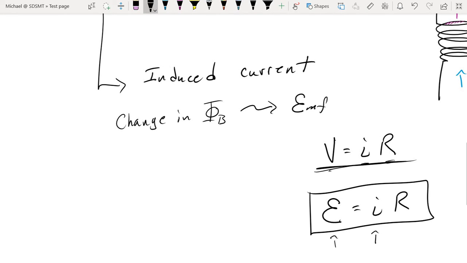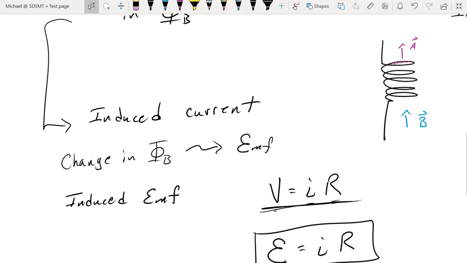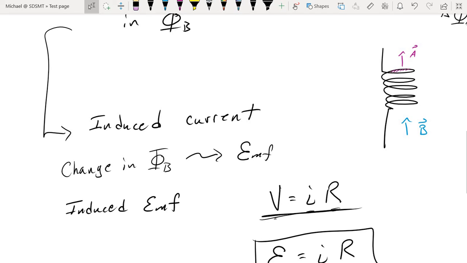We're going to call this the induced EMF. There will be an electromagnetic force induced in that coil.